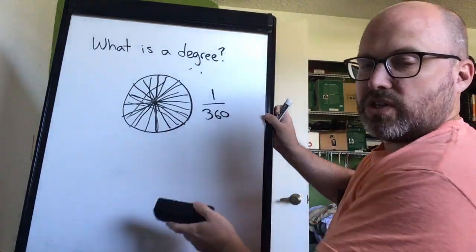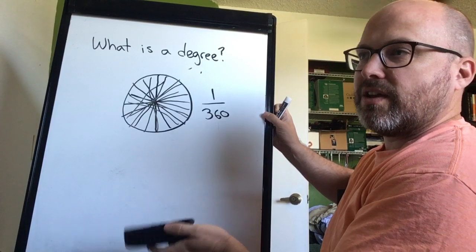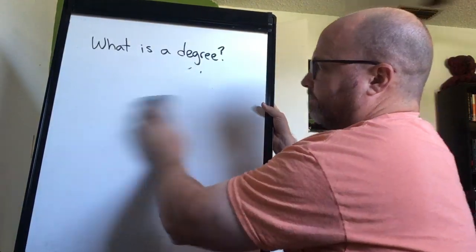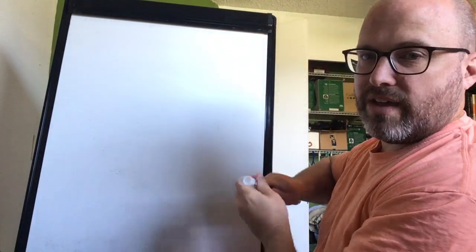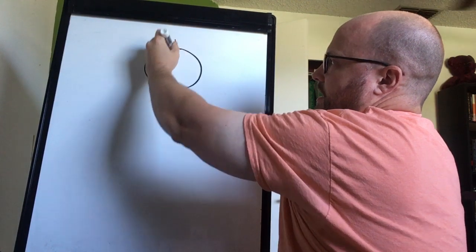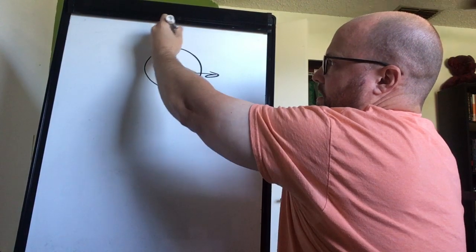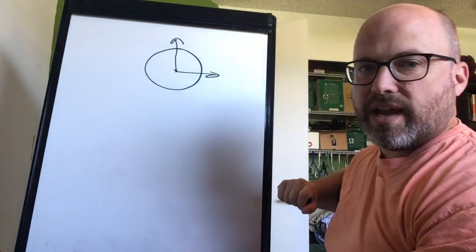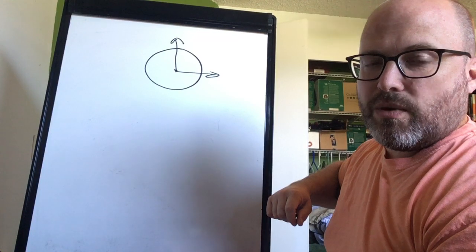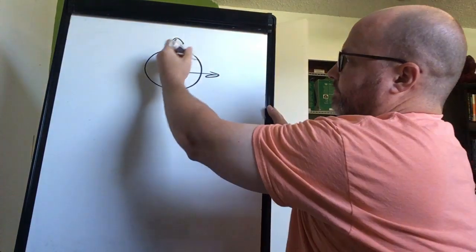All right, so the next question is how do you take a fraction of a turn and turn it into degrees? We'll do that next. So let's say that we have a circle, and there's an angle with the center, the vertex, in the middle. Okay, it has a 1/4 turn.